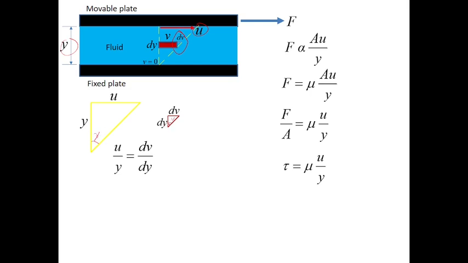Okay? So, tangent gamma equals to u over y. Tangent gamma equals to dv over dy. So, kasi pareho yung kanilang angle dito, similar triangles sila, no? So, similar triangles. Okay? So, sa geometry, naaral nyo yan, no? So, with that, we can proceed.